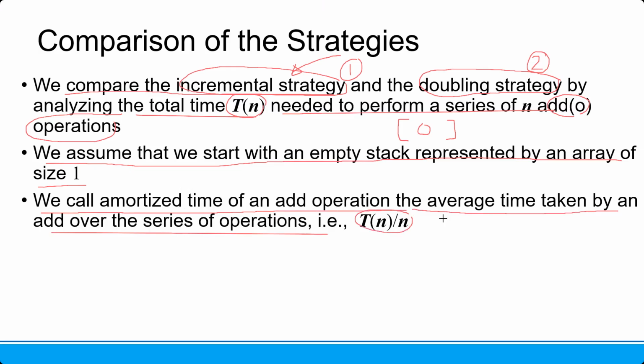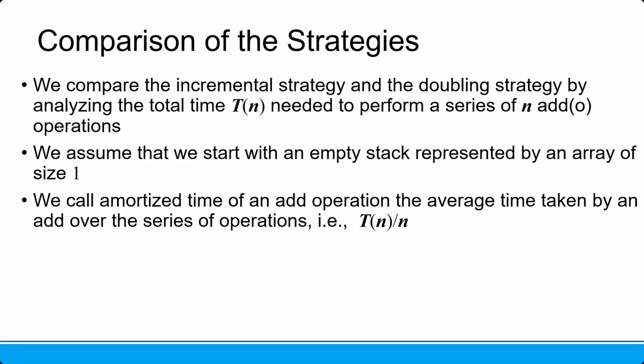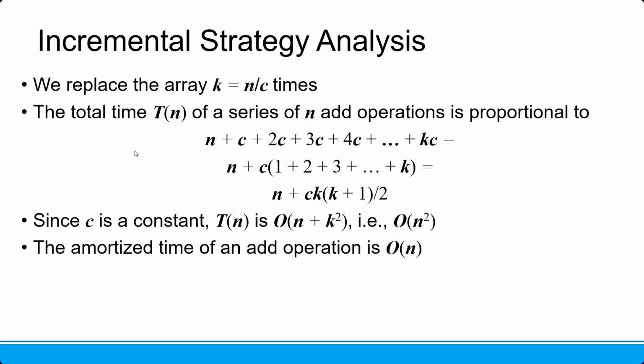So the formula will be something like this: Tn is the time taken to add the elements divided by the number of elements that we have in the array.